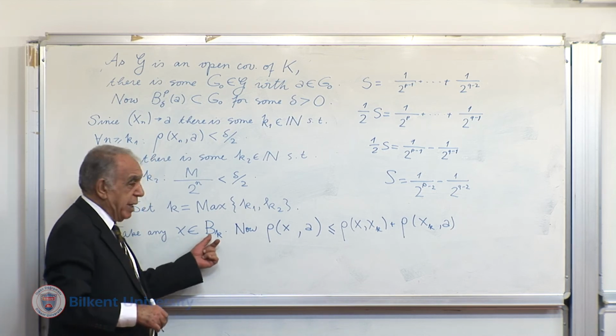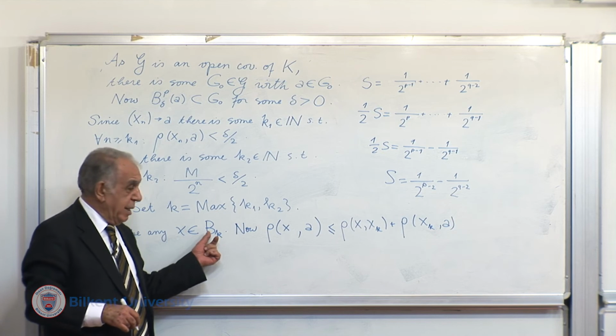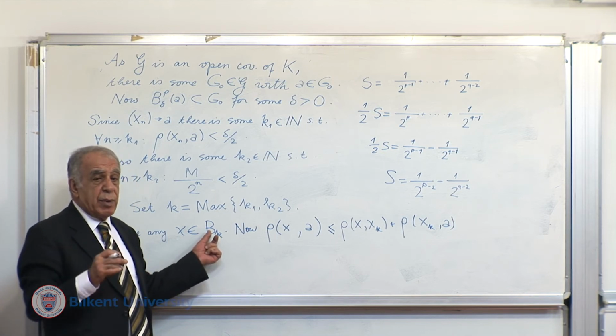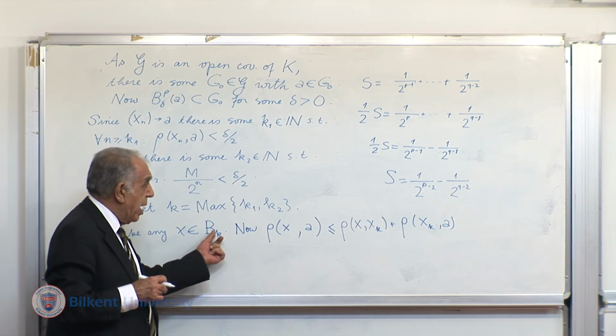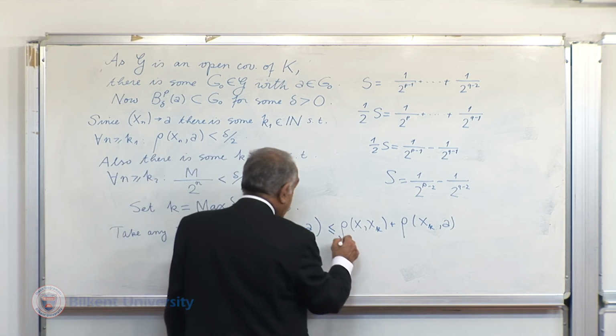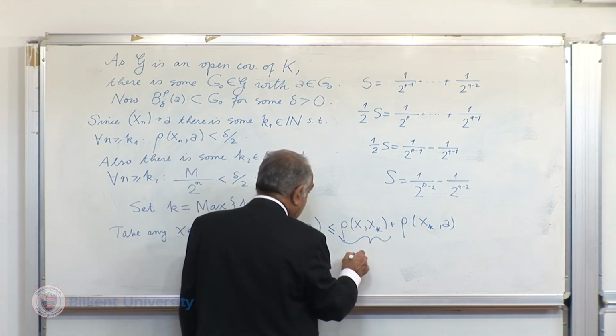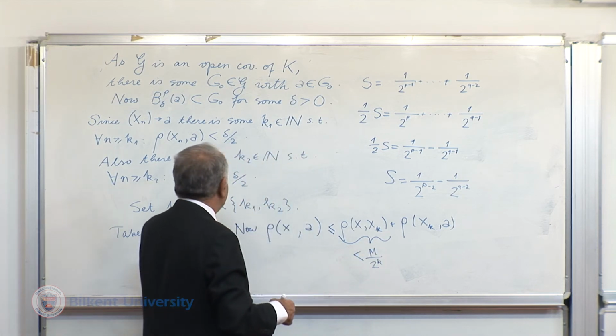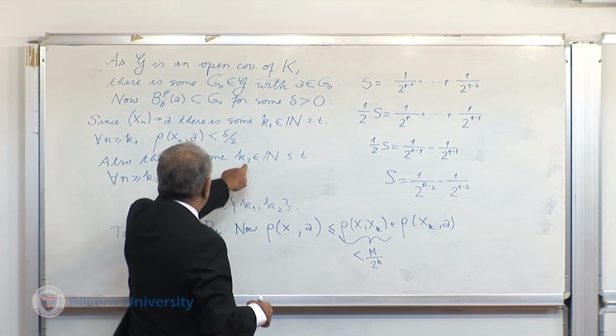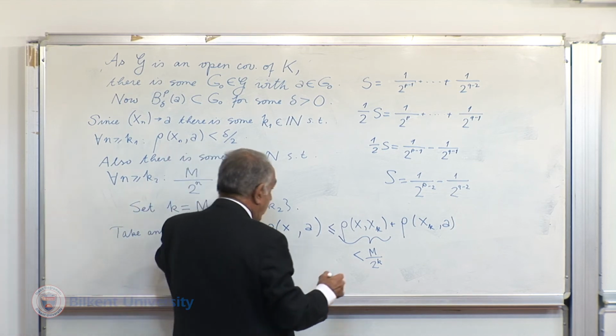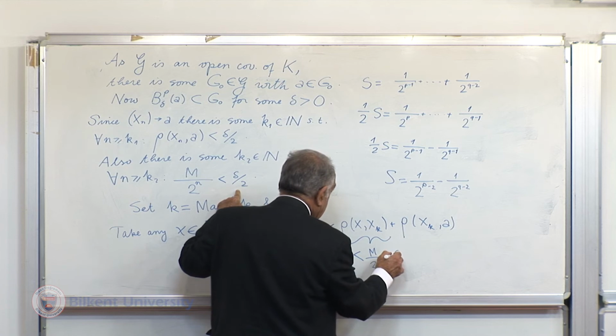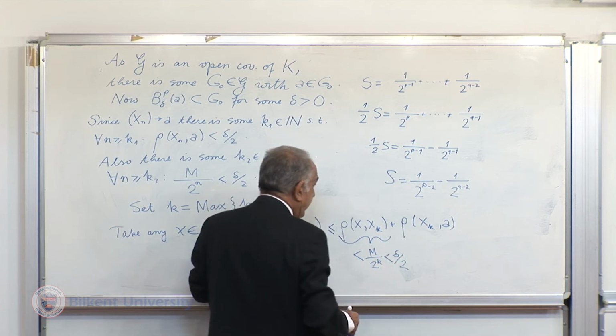Well, x is in bk. bk is the m over 2 to the power k ball about x sub k. So this is less than m over 2 to the power k. But k is larger than or equal to k2, so this is less than delta over 2.